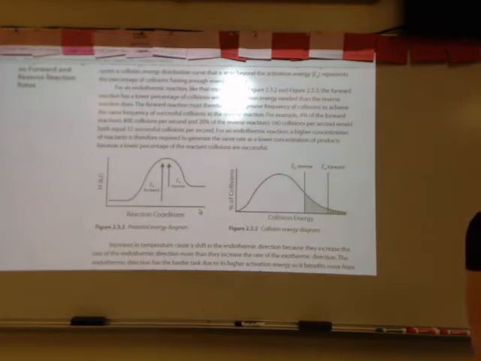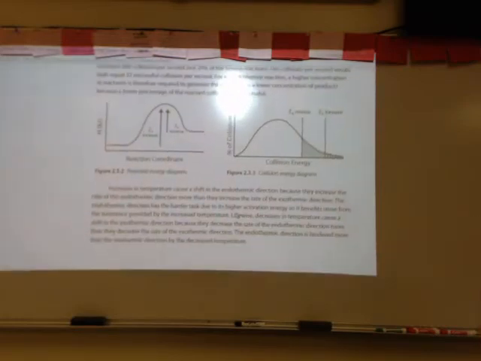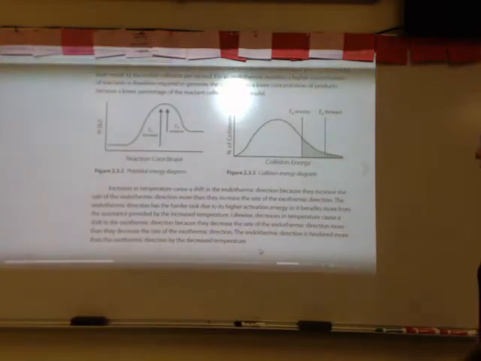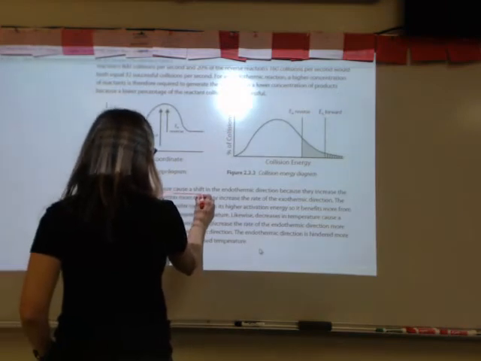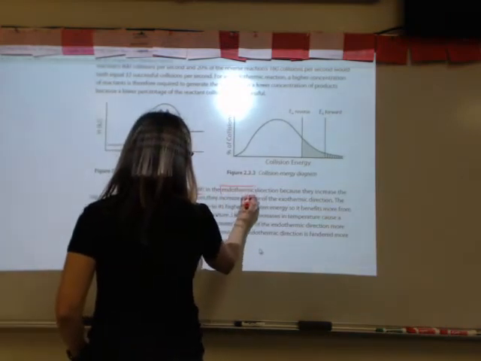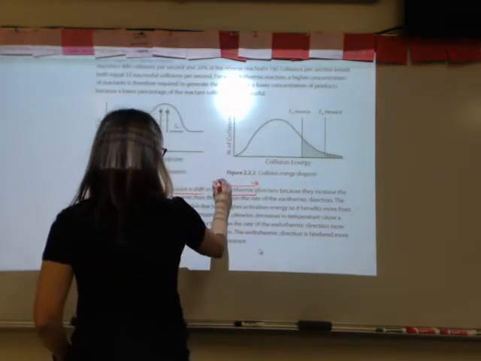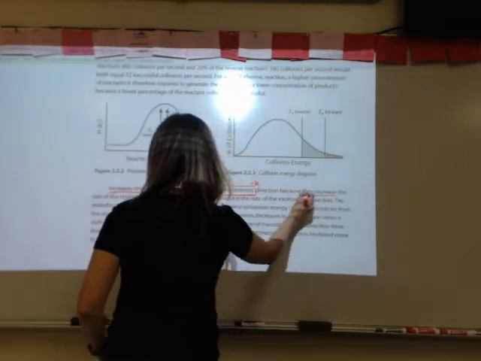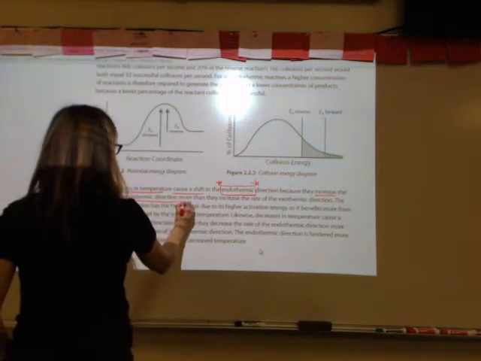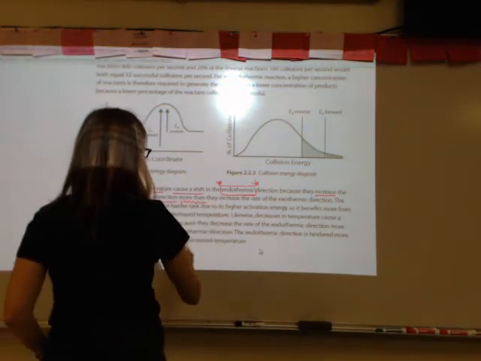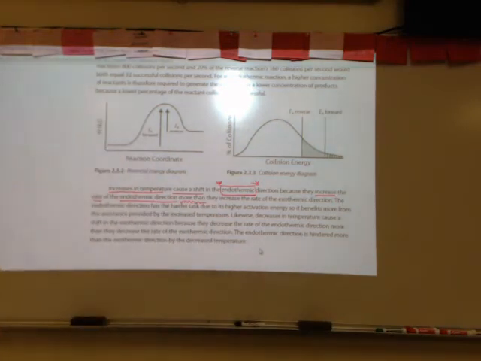So increases in temperature cause a shift in the endothermic direction because they increase the rate of the endothermic direction more than they increase the rate of the exothermic direction.